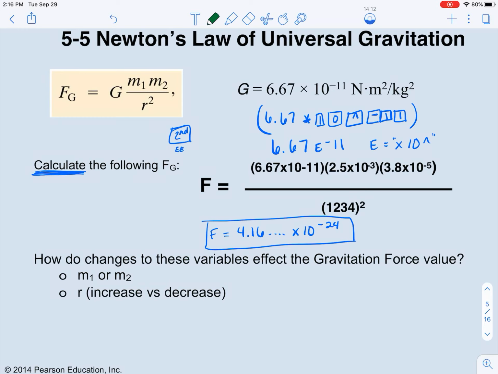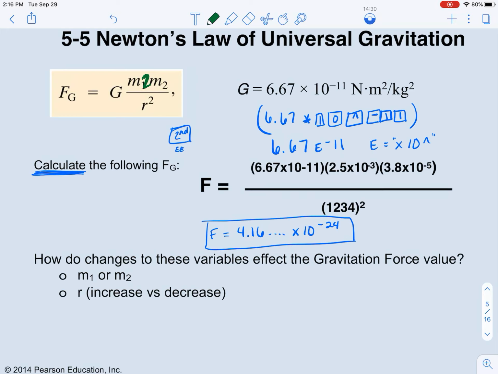Something crazy happens and the mass of the moon now doubles, okay? What we would do is take whatever the value is for the mass of the moon and multiply that by the number 2.